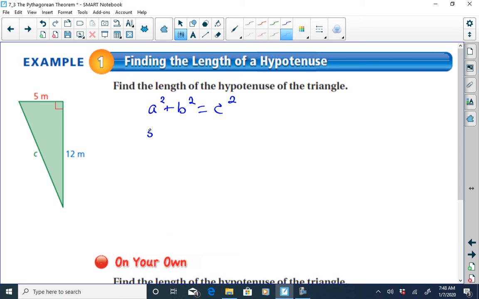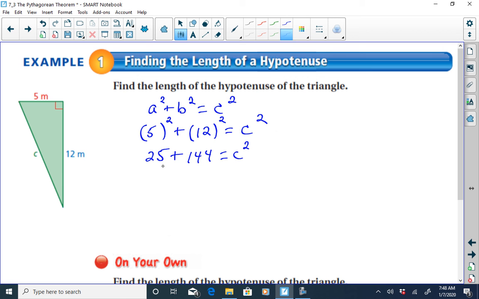We replace a with one of the legs, 5, and we have to square it, and we replace b with the other leg, 12. We have to square that, and that has to be equal to c squared. Well, we know 5 squared is 25. We know 12 squared is 144. And the sum of those two squares has to be equal to the length of side c squared.